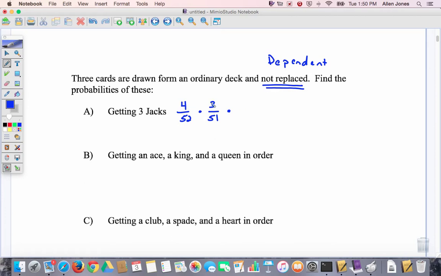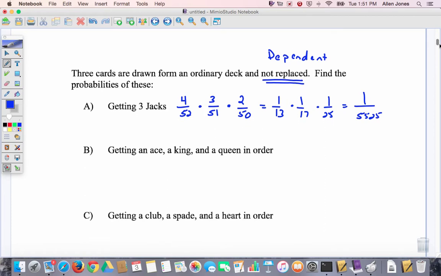One more time, we now put out a jack here and a jack here, so there are 2 jacks left and 50 total cards. Now, those fractions could all be simplified. When I wrote them down, I wanted to see the 52, 51, and 50, so we could illustrate that. But 4 52nds is 1/13th, 3 51sts is 1/17th, and 2 50ths is 1/25th. And our probability then is 1 out of 5,525.